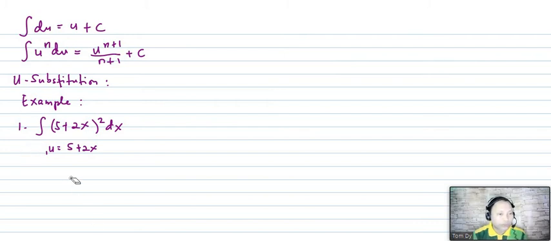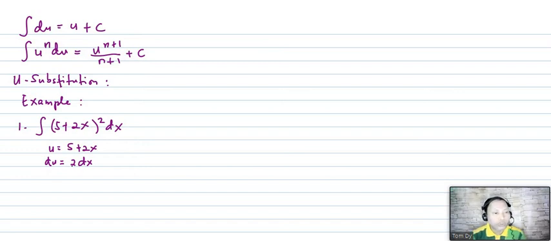So we go back to our u. We will focus on our u because this is U-substitution. When we take the derivative of our u, we have du. Taking the derivative of this one, the derivative of 5 is 0, and the derivative of 2x equals 2 times the derivative of x.